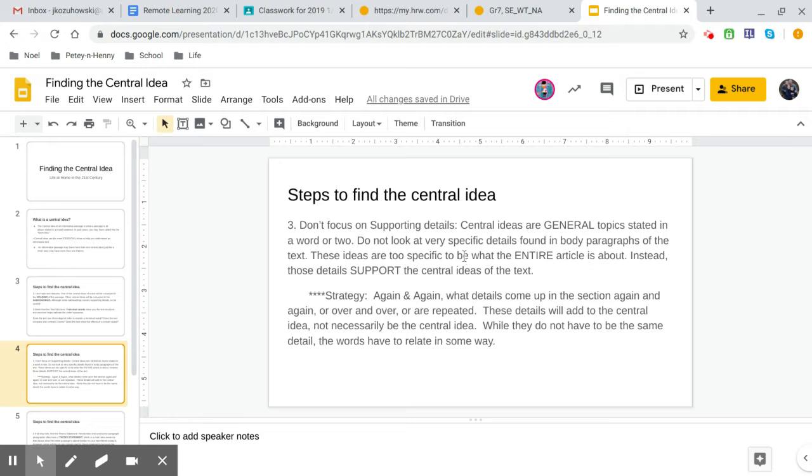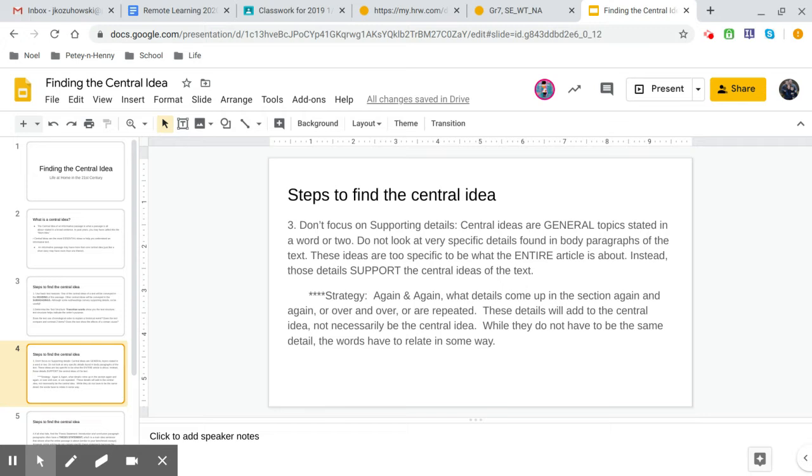Step three, don't focus on supporting details. Central ideas are general topics stated in a word or two. Don't look at very specific details and say that those specific details are the central idea. Those details support the central idea of the text. Here's a strategy for reading.